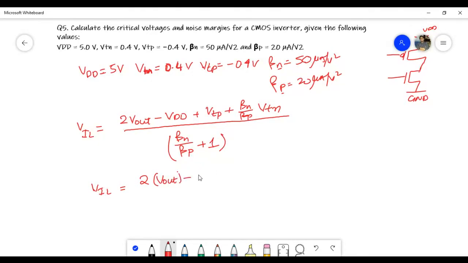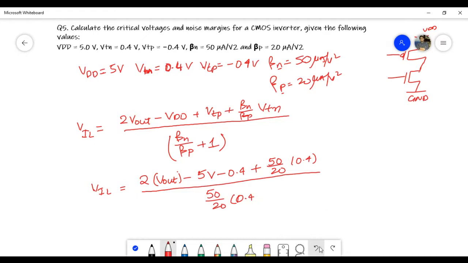VDD we have 5 volt plus VTP, given as minus 0.4, plus beta N by beta P, which is 50 by 20, into 0.4 volt, divided by 50 by 20 plus 1.